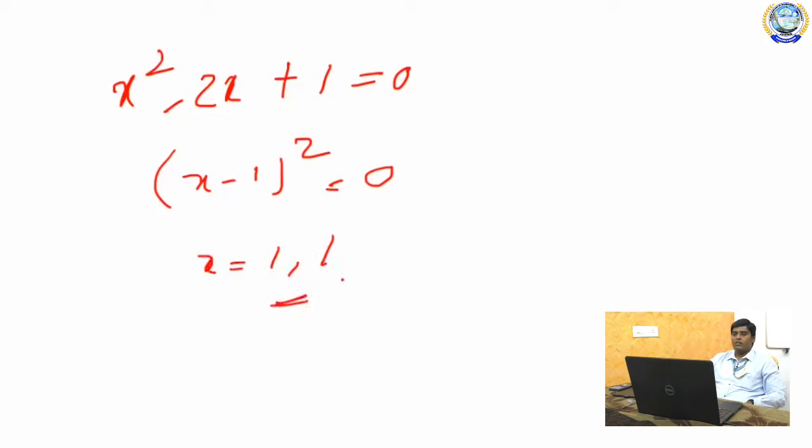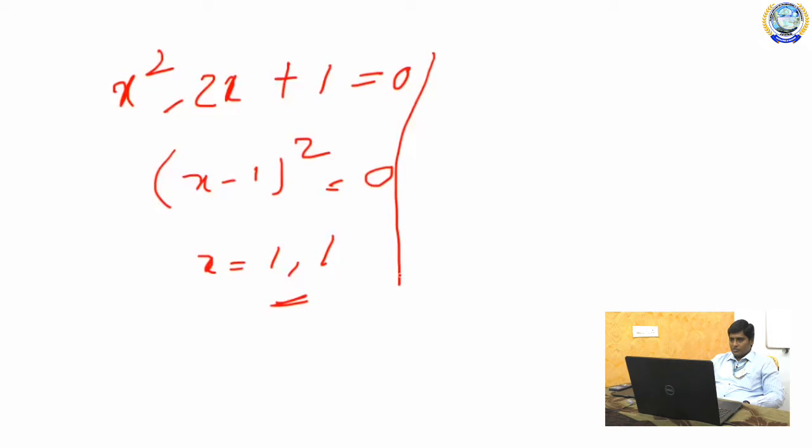Here 1 is called the root, or the solution, of the equation. It is called the solution because if you substitute 1 in x^2 - 2x + 1, it satisfies the equation: 1 - 2 + 1 is 0.